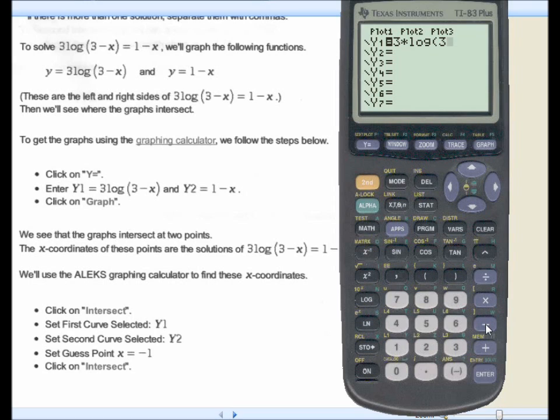Make sure you use the minus sign instead of the negative sign. There's a difference, and you need to know the difference. And in this case, we're using minus and x, parentheses. y2 is 1 minus x.